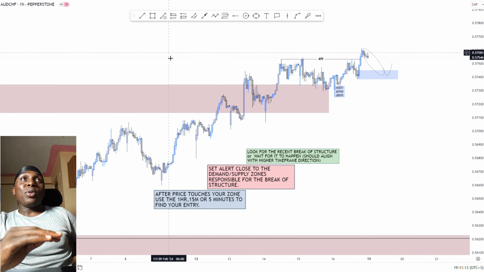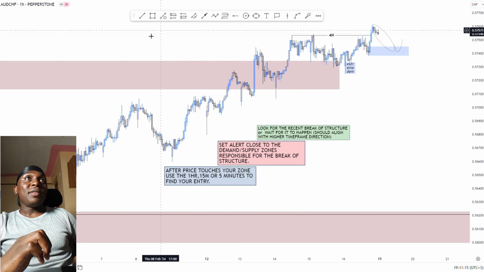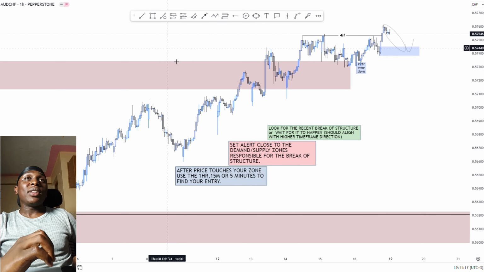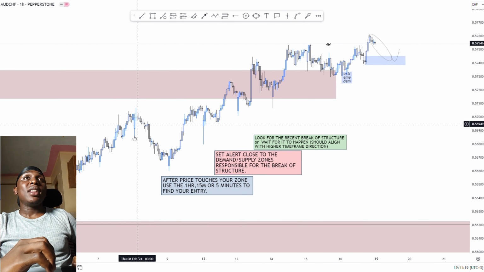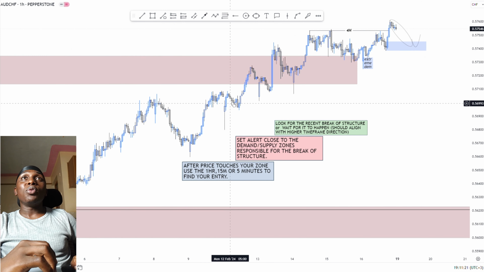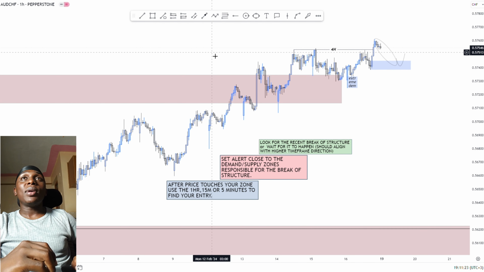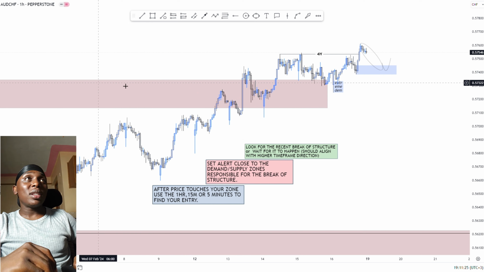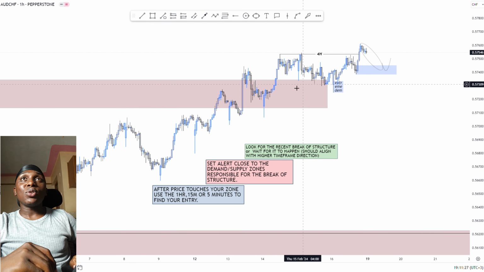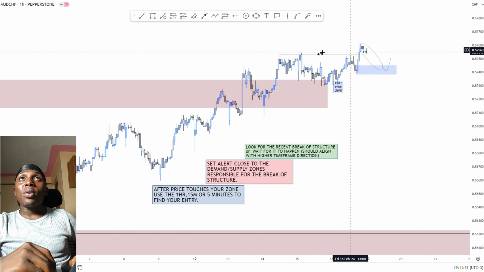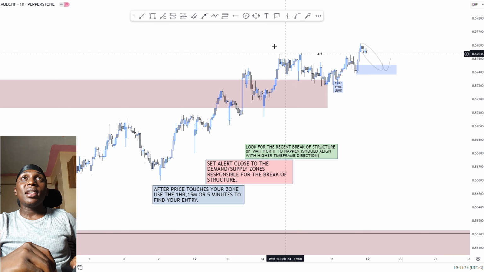After looking at the 4-hour time frame and the daily time frame, coming on to the 1-hour time frame, you can clearly see that the trend is moving so well, and after it broke this daily resistance zone, it came, retested the zone, and then it broke the previous high right here.